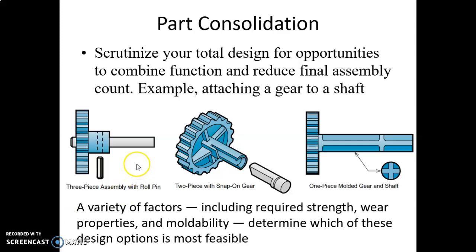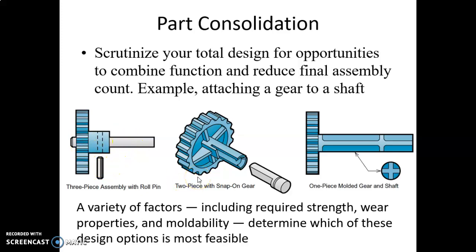This figure shows three examples. First, a three-piece assembly with roll pin: we have the gear and the pin, so three parts, 1, 2, and 3.